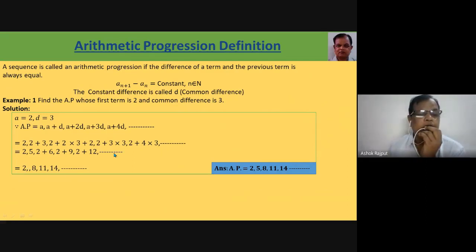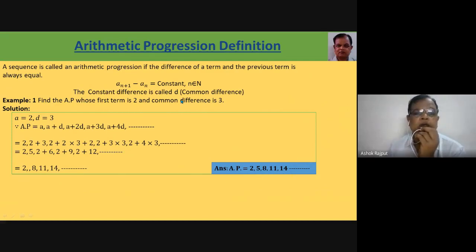So when we simplify it, we get 2, 2 plus 3, 2 plus 6, 2 plus 9, 2 plus 12, and finally we get 2, 5, 8, 11, 14 up to infinity. Therefore the AP equals 2, 5, 8, 11, 14.